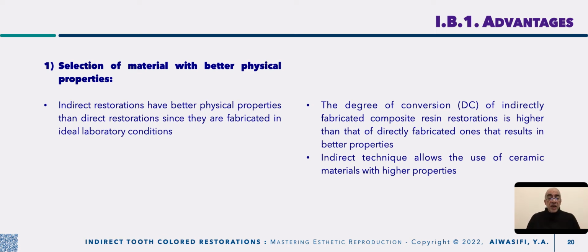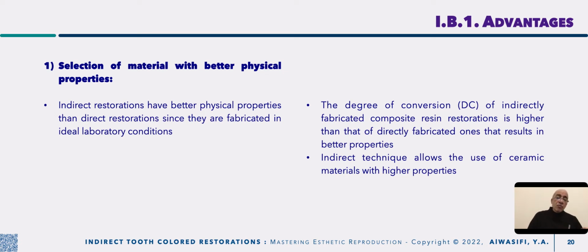enamel margins. Okay, when you are comparing indirect tooth-colored restorations with direct tooth-colored restoration, number one, there is great availability, and the first indirect tooth-colored restoration was ceramics, and ceramics are much more biologically compatible, much more aesthetic, with great translucency and varieties of shades, okay, compared to direct composite.